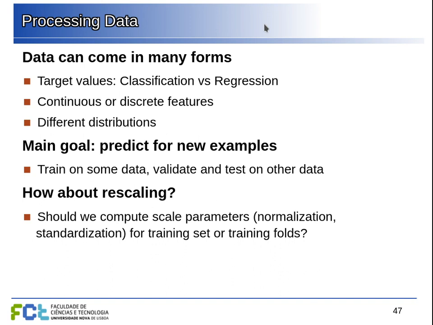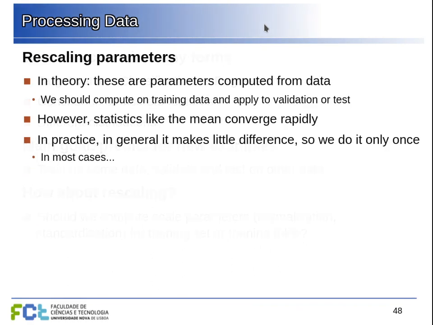We take all the data, subtract the mean of each feature, divide by the standard deviation, and we have everything standardized. But in fact, if we do this, we are computing these scale parameters for the whole data, including the training set, the validation set, and things like that. And this may not be correct.